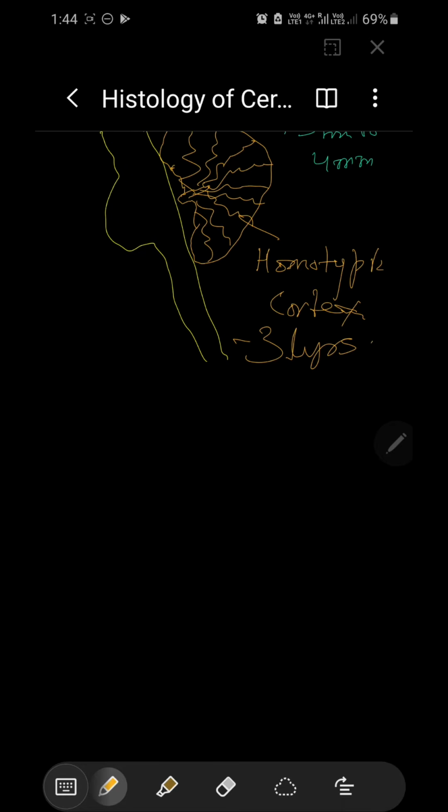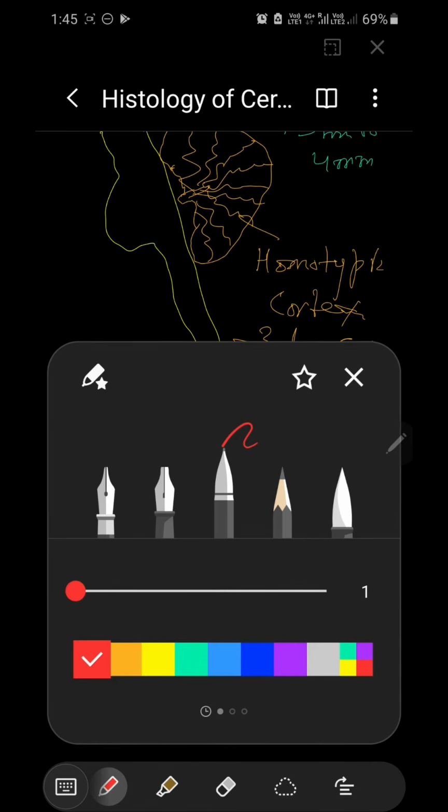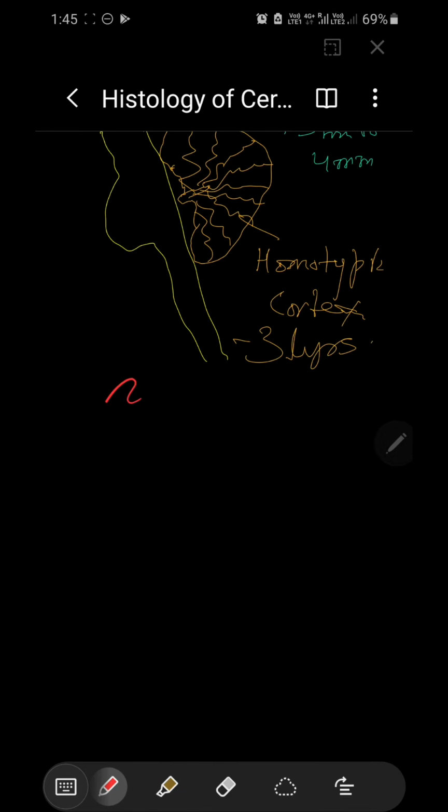If you go to the first lecture of my neuroanatomy unit, there I taught you about the different types of neurons, and I told you how many neurons there are in the human body. That's actually 100 to 200 billion. We have 100 to 200 billion neurons in the human body.